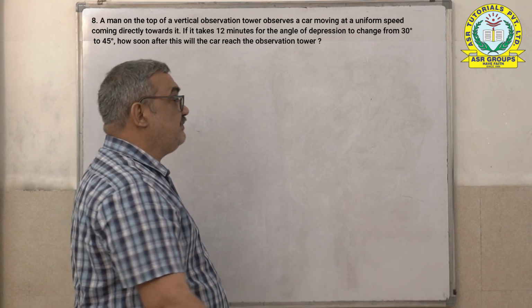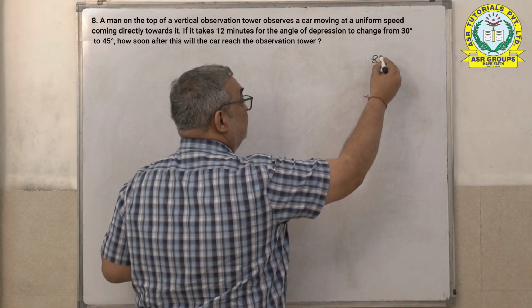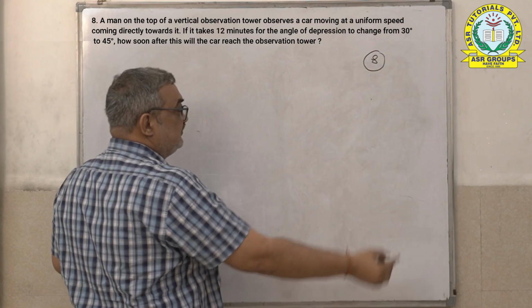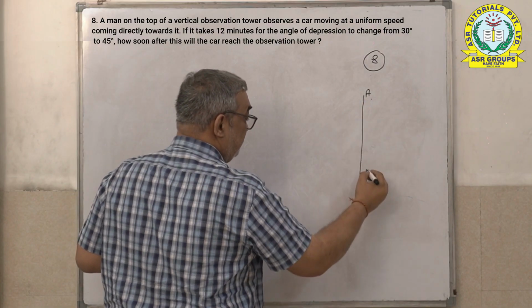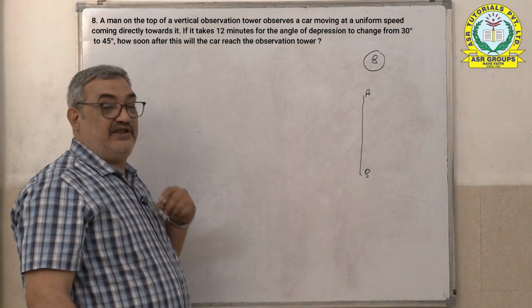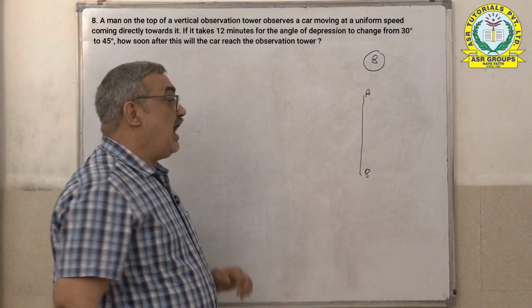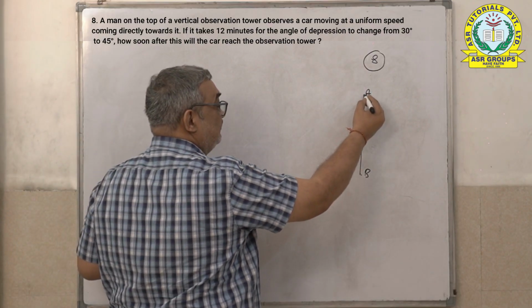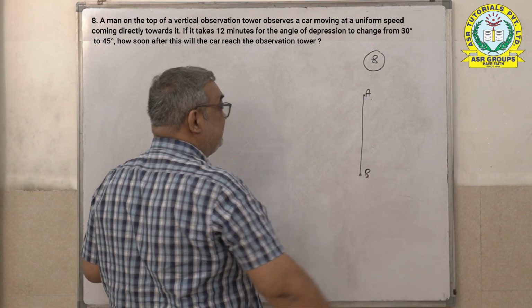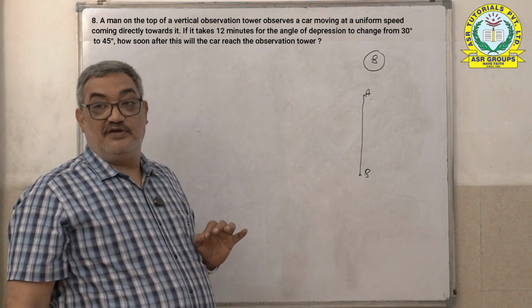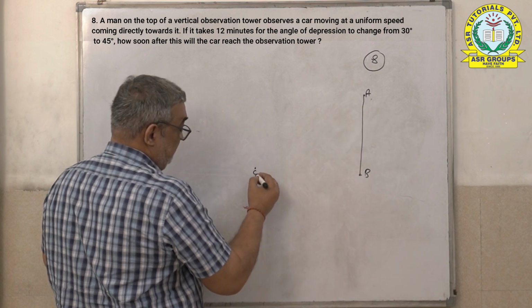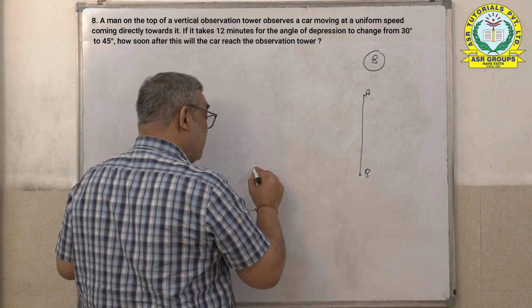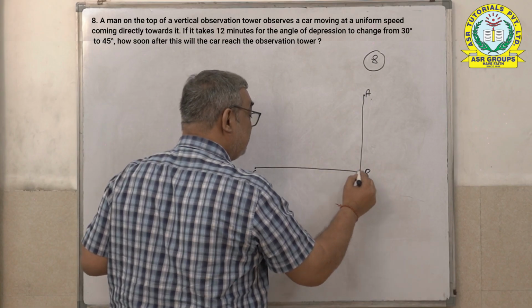Now, welcome to the sum number 8. This is the tower. I can create a story in this. A boy stands here. He was in tension. So he saw a car here coming towards the tower.